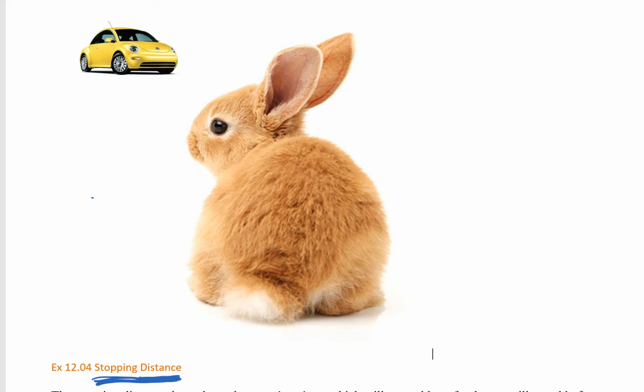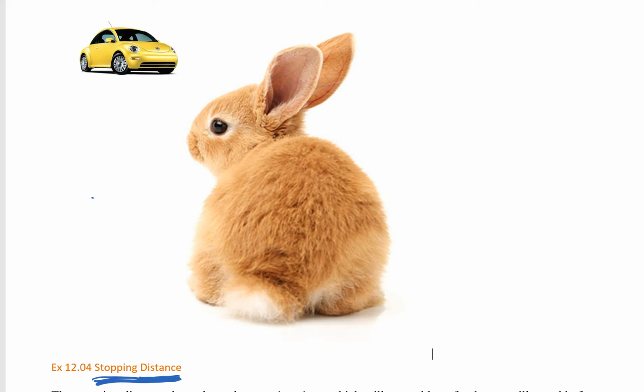And even when you put your foot on the brake, the car doesn't automatically stop. So two things happen. You have a reaction to seeing this object, knowing you need to stop. And then you have the car physically using the brake to stop.